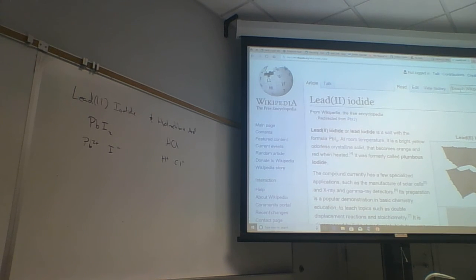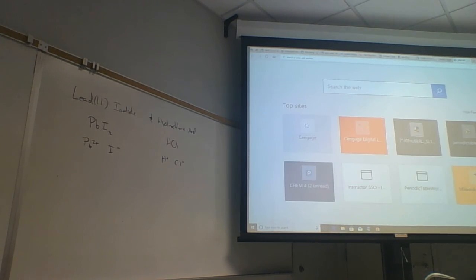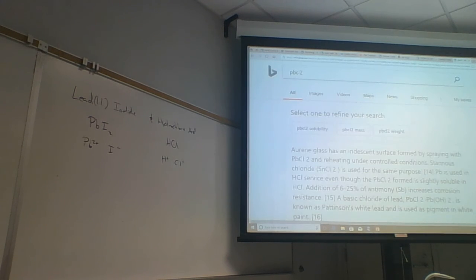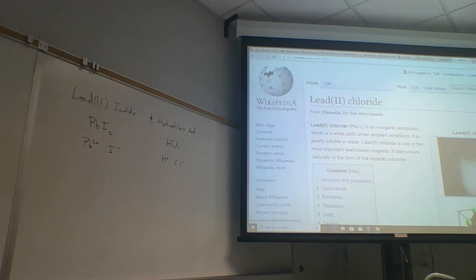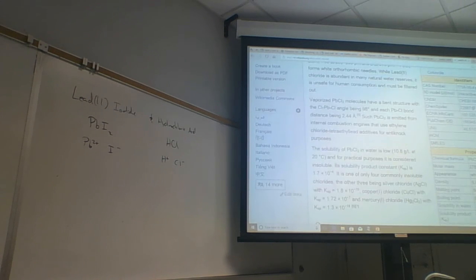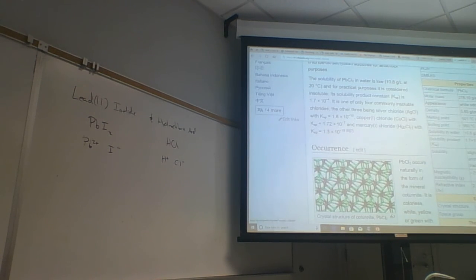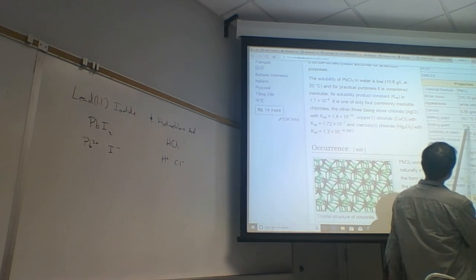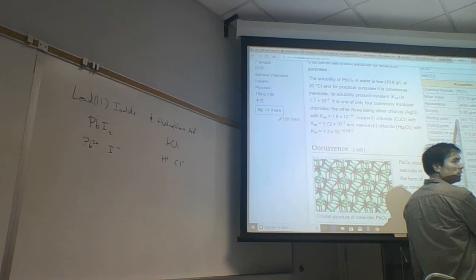Okay, now let's go to PbCl2. Melting point 501. Solubility. 501 tells us that lattice should be stronger, right? Harder to melt.